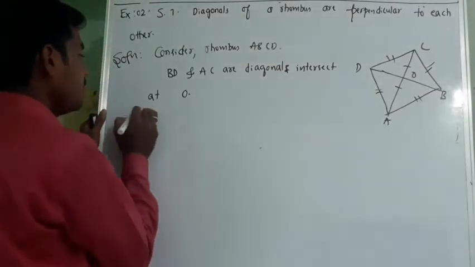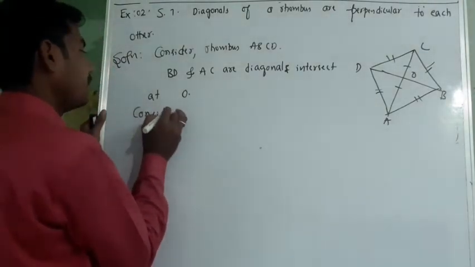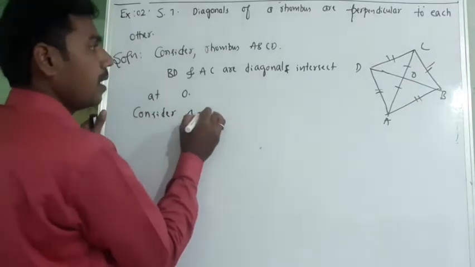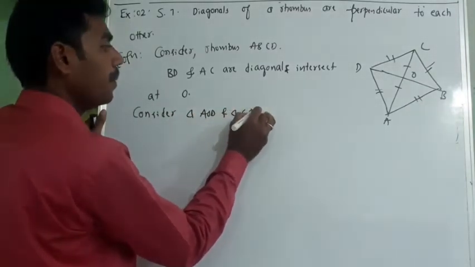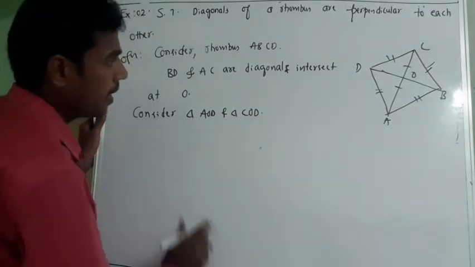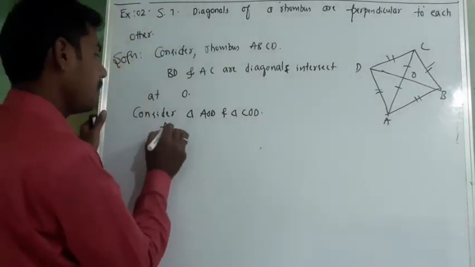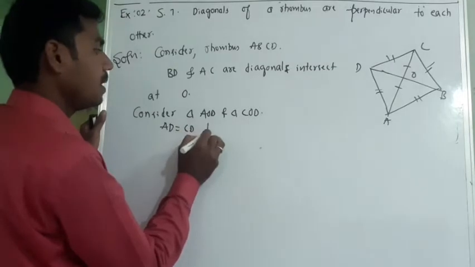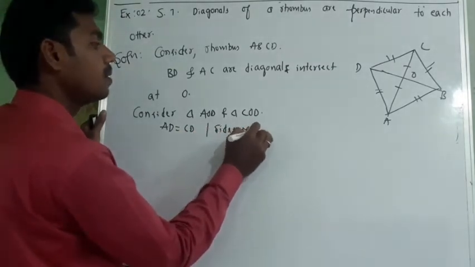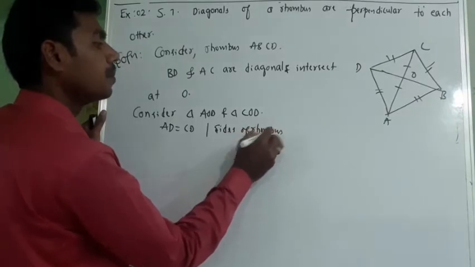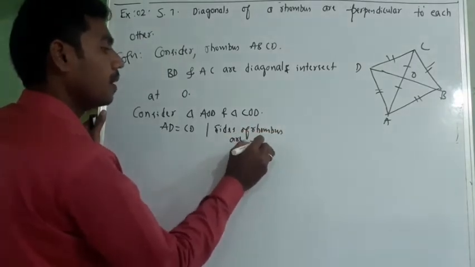Consider triangle AOD and triangle COD. AD is equal to CD because sides of a rhombus are equal.